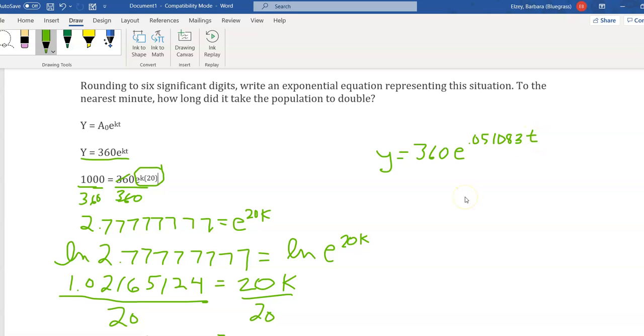And now I'm going to answer my question. My question says, to the nearest minute, how long does it take for the population to double? All right, so we had 360 to begin with. Double that is 720. So I'm going to put 720 over on the left, and I'm now going to solve this equation to find the answer to my question.